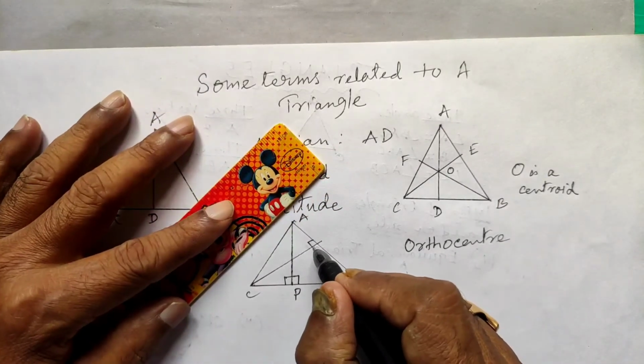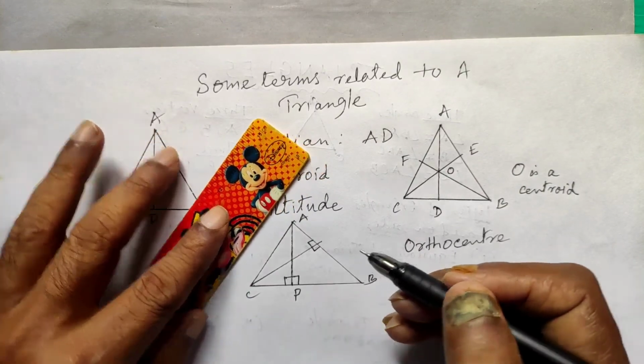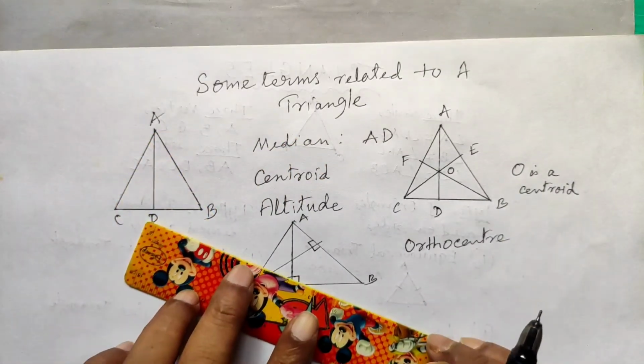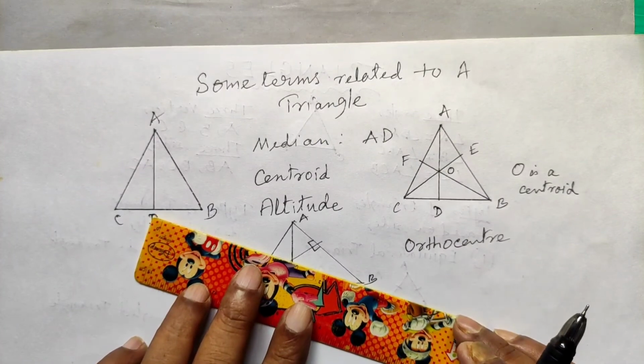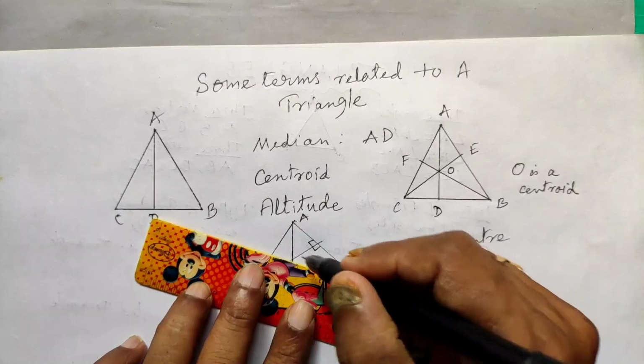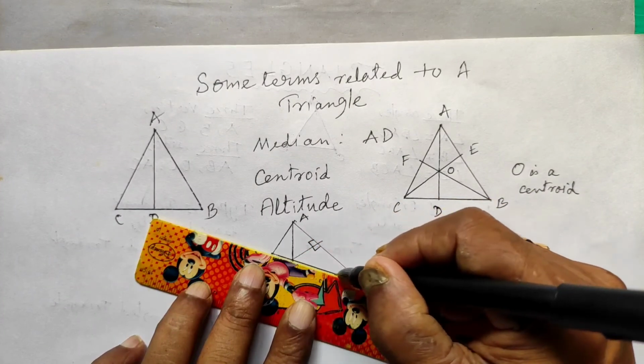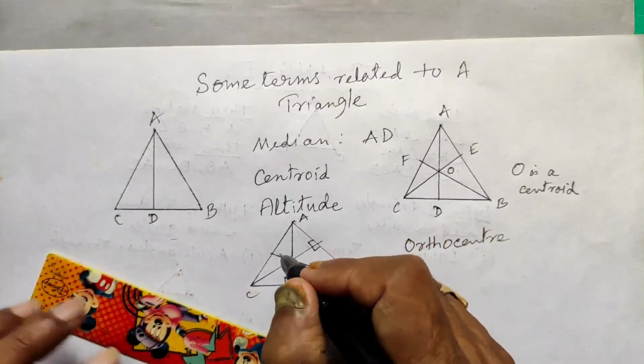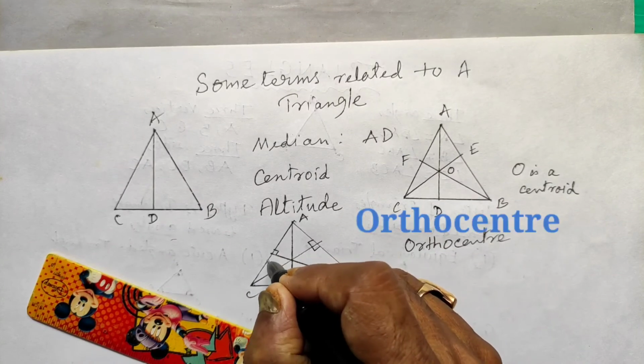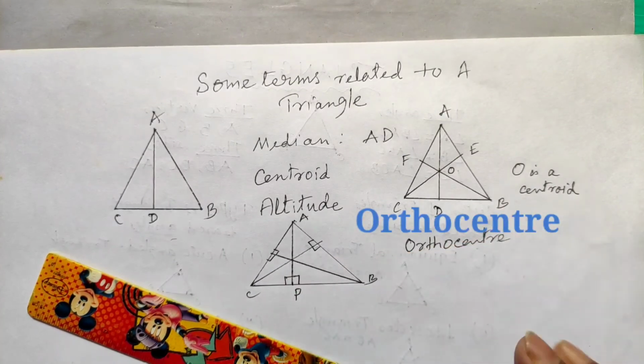This one is 90 degrees, this I showed you already. This part is also 90 degrees. And similarly, you draw this line, and this one is also 90 degrees.